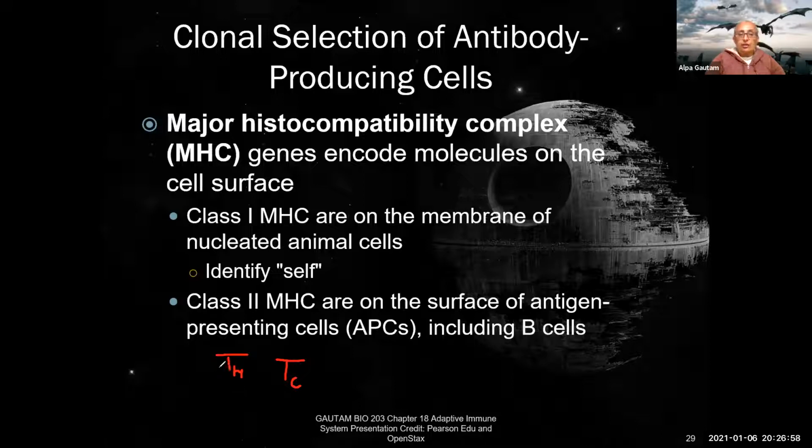T8 cells look for and can bind to proteins called class 2 MHC receptors. These are present on macrophages that present antigens. They are called APC cells.